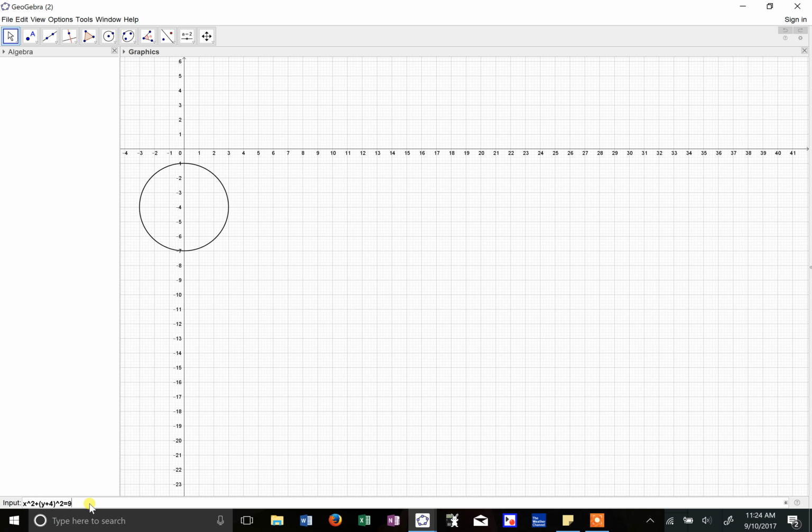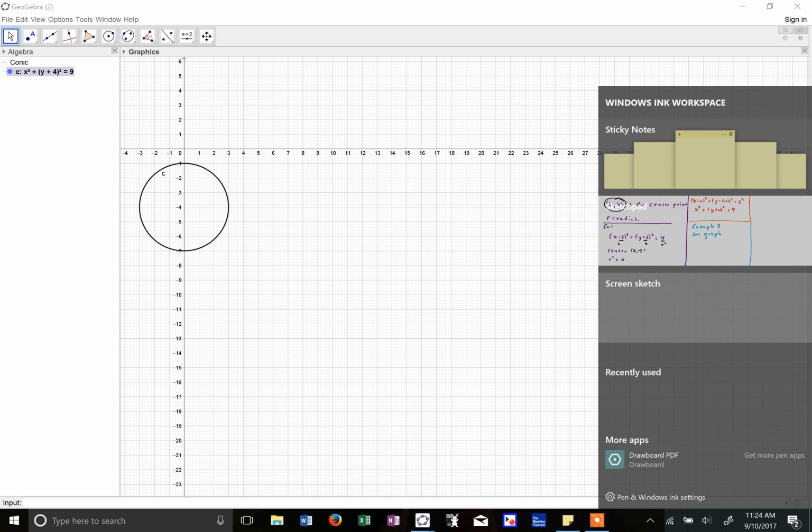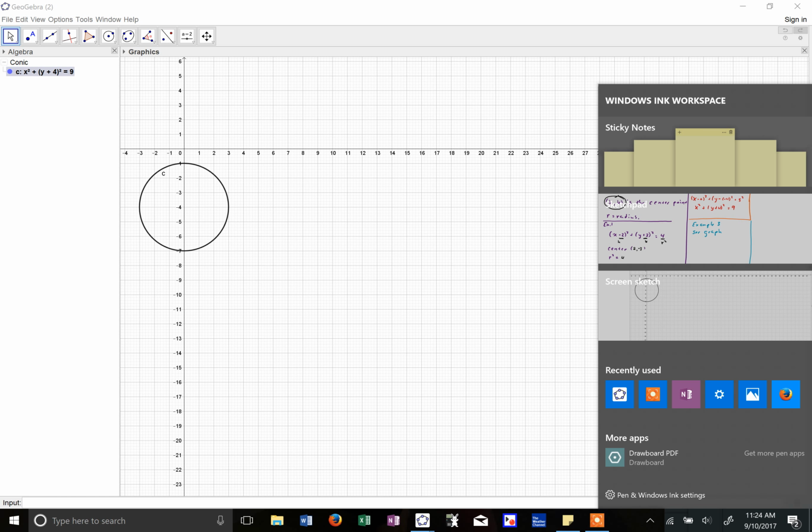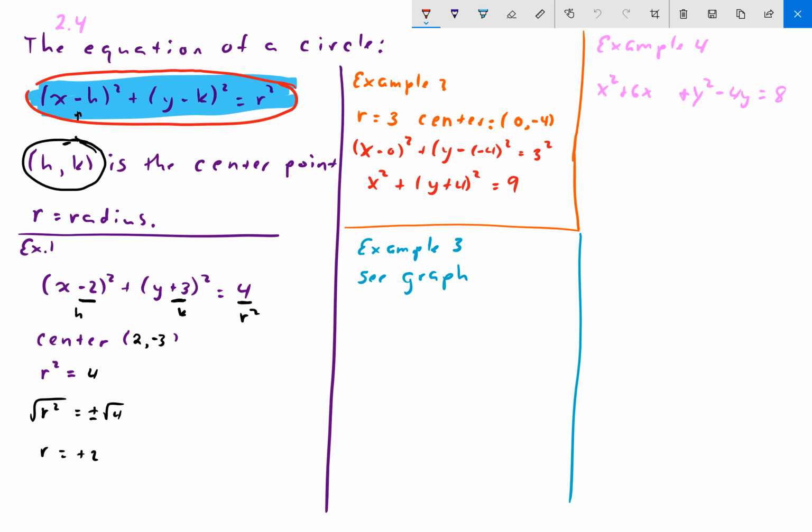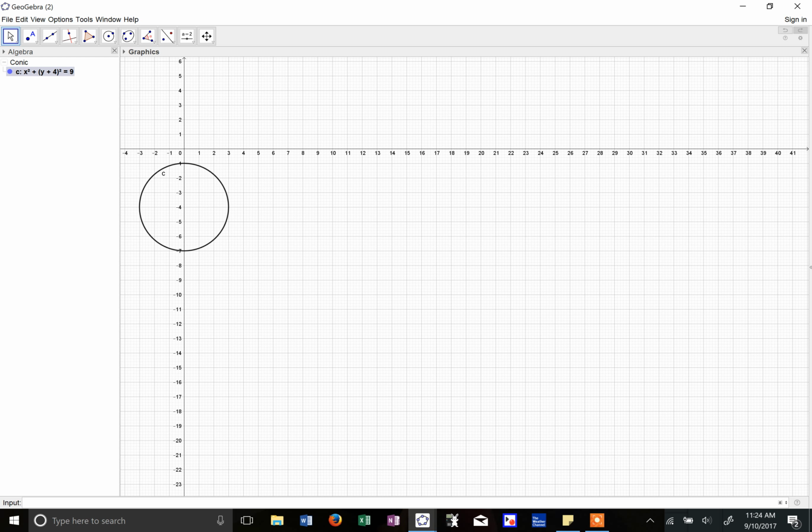And once again, you can see my center point should have been (0, negative 4). And here it is. And I have a radius of 1, 2, 3. All right, so far so good.